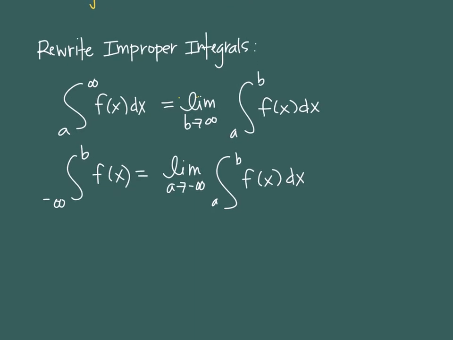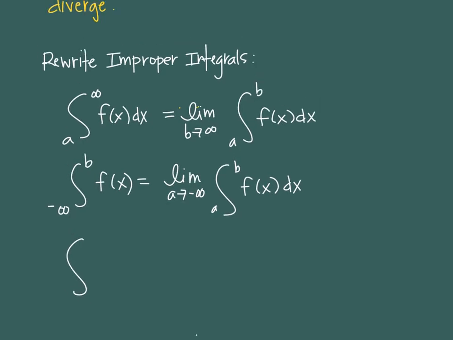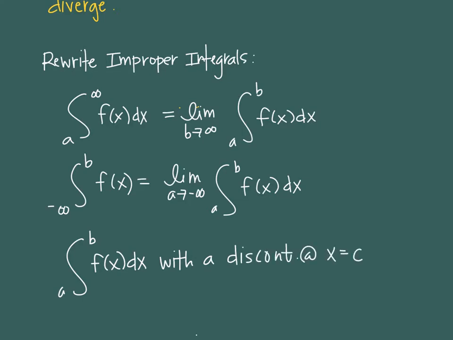What if you have a point of discontinuity in the middle? So what if you have a to b of f of x, so the ends are fine, with a discontinuity at x equals c.